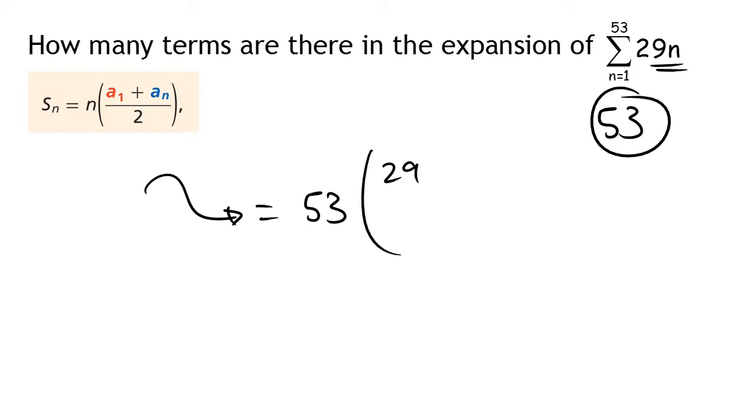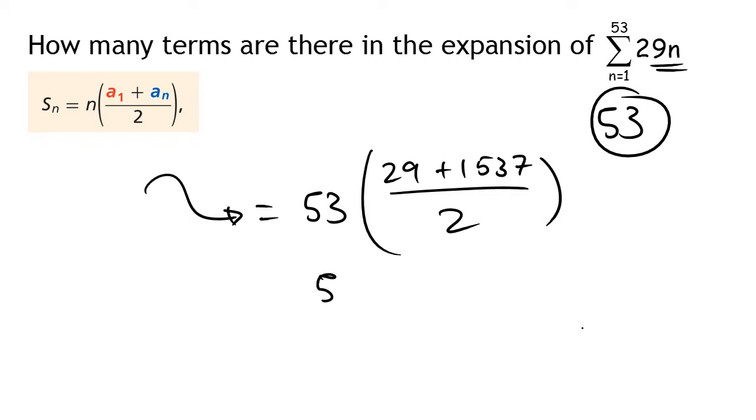53 times 29 is 1,537, and then I'm going to divide that by 2. So the sum of these values where n is 1 to 53, where each of the terms is 29 times n, would be 29 plus 1,537, so let me add 29, and then I'm going to divide that by 2, and I get 783, and then I'm going to multiply that by 53.